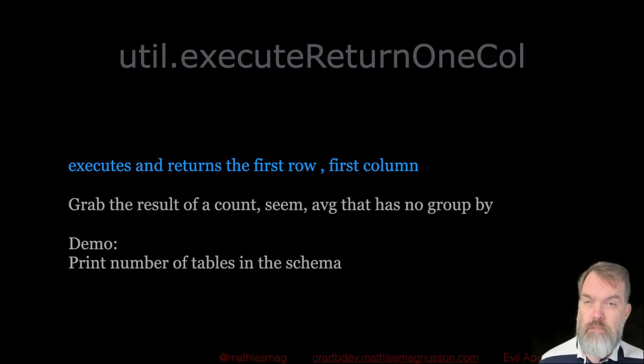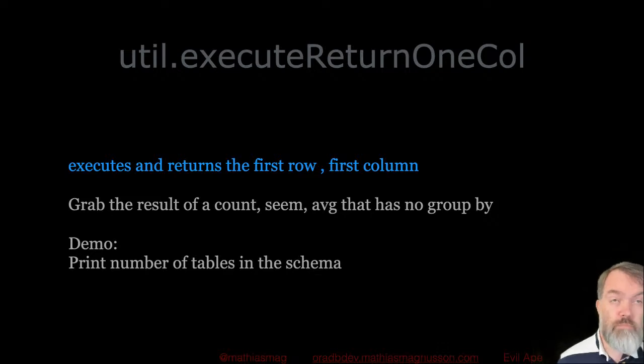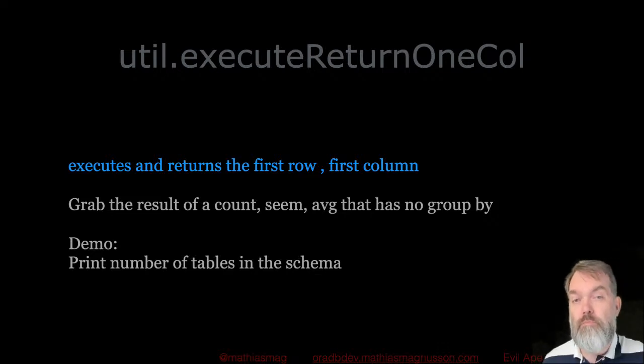But it's an easy way to handle returning a single value, like a count of something, or an average, or that kind of stuff. Of course not without a group by, because if you have a group by, you will want to have more than one row, and then this is not the proper function for you to use.